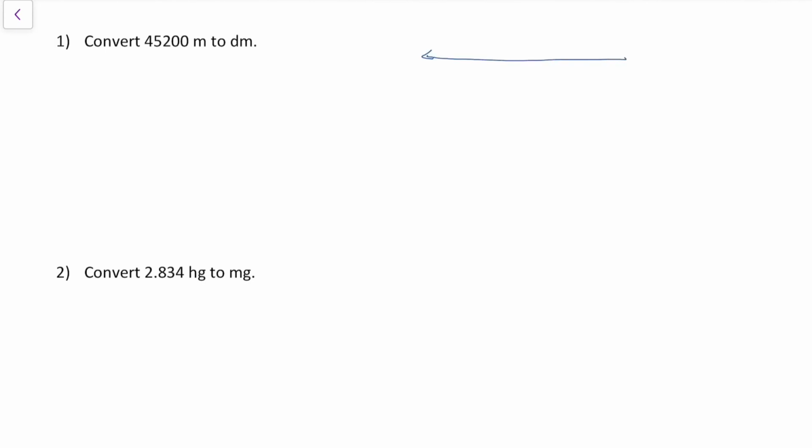If I draw a miniature version of our scale here, we have meters, and then if we go down, we have decimeters, centimeters, and so on. And so to get from meters to decimeters, I have to do one jump to the right, or in other words, I'm timesing by 10 one time.